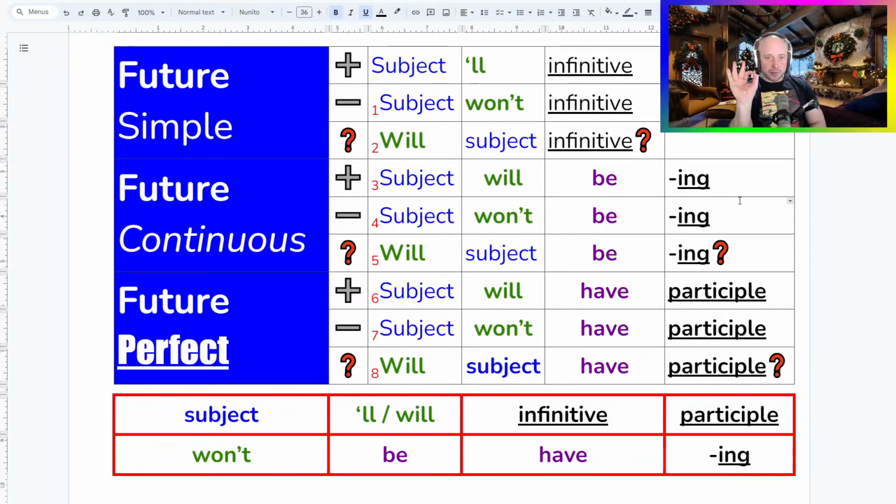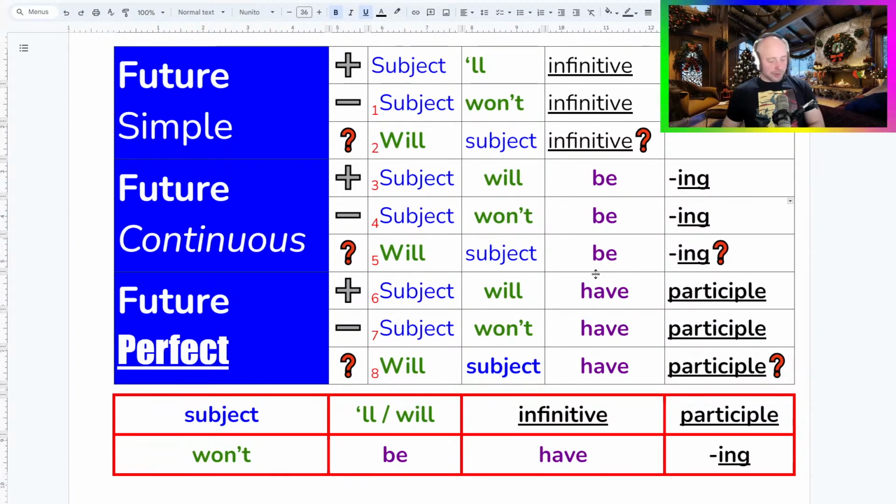I'll say that again. We only use future perfect continuous for one very specific thing. And that is to talk about something in the future that will already have started and to mention the duration of it. That is the only reason that we use the future perfect continuous.